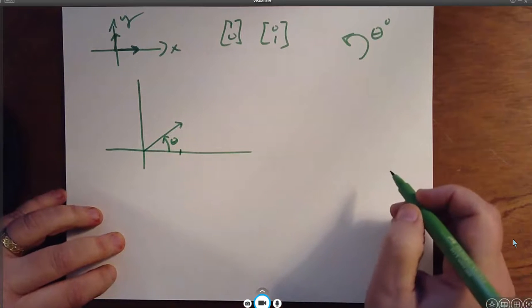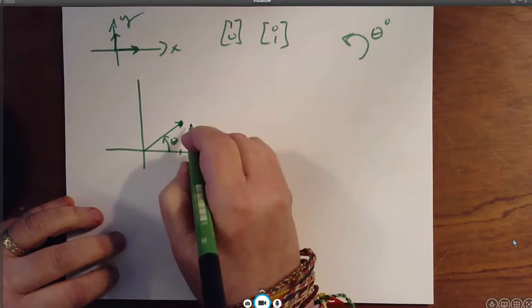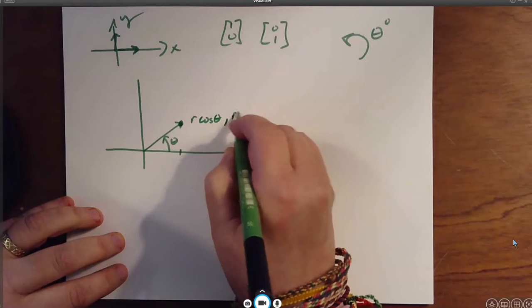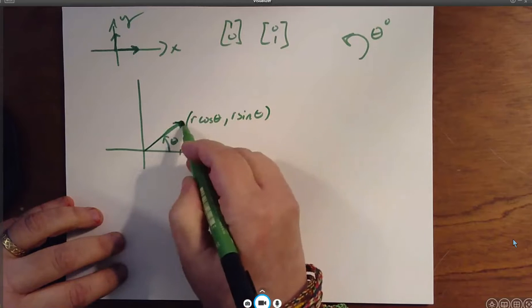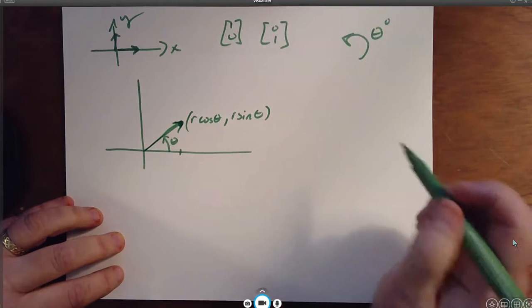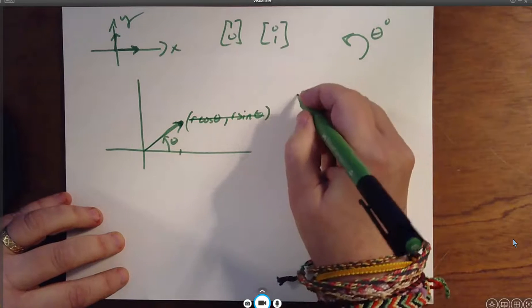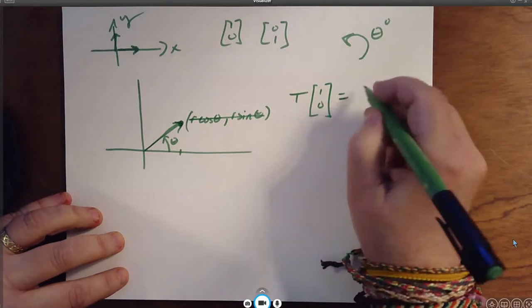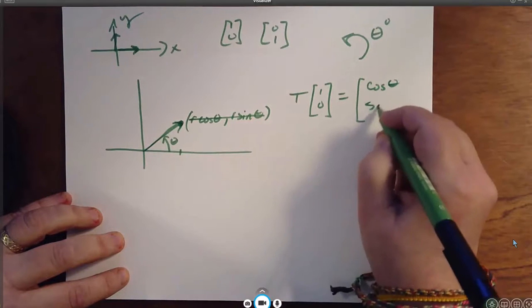Well, from trigonometry, hopefully you remember that this point is going to be r cosine theta, r sine theta, where r is the length of the vector. But this vector has length 1, so for us, T of (1, 0) is going to go to (cosine theta, sine theta).